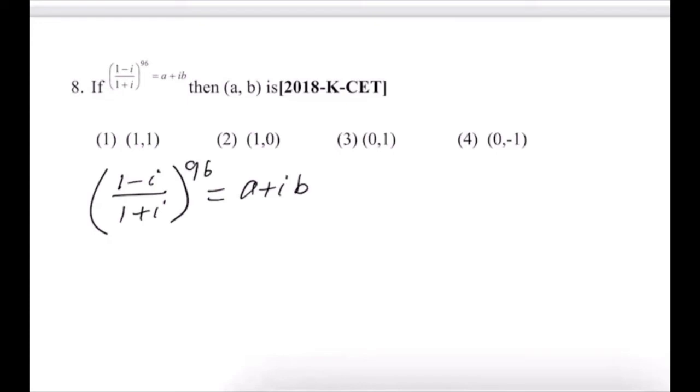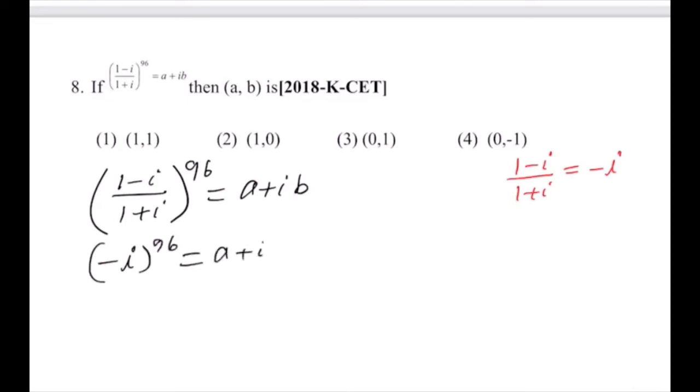I have mentioned in the earlier problem, (1 − i)/(1 + i) simplifies to −i. So you can write this as (−i) to the power 96 equals A + iB. Further, ((−i) to the power 4) whole raised to the power 24 is A + iB.